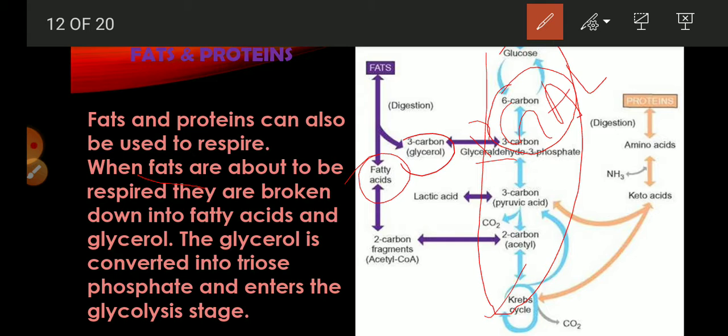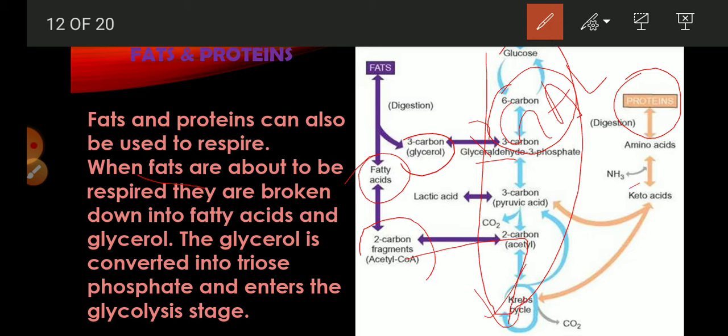Fatty acids are broken down into acetyl coenzyme A, a 2-carbon compound, and move directly into the Krebs cycle.